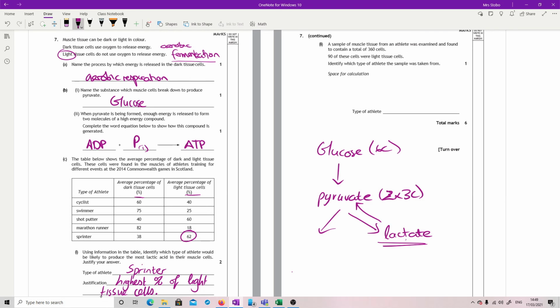So I'm literally just going to go, okay, I want my 90 divided by what I could have got, so I could have had 100%, would have been 360, okay, and then times the whole thing by 100. So 90 divided by 360 times by 100, and we should get 25%, and that is your swimmer, sorry, not shot putter, swimmer.